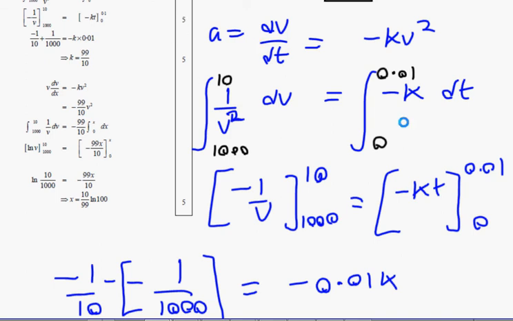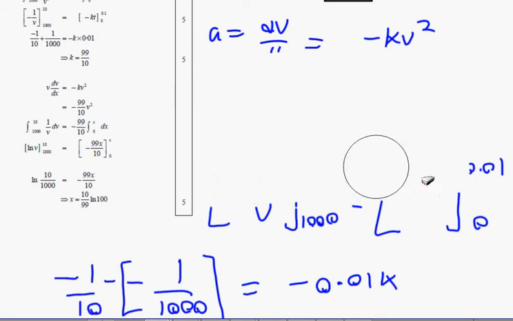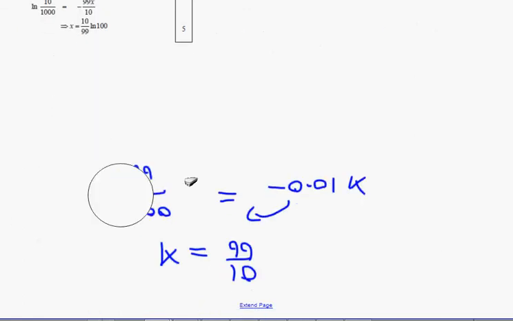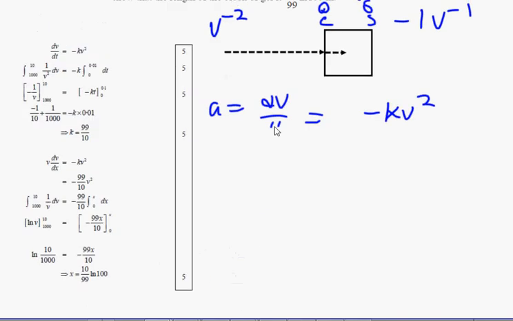I suppose there are 2 different ways of doing it. You could go back to the start, and change the dv/dt into v times dv/dx. So using the distance way, it's just minus kv squared.